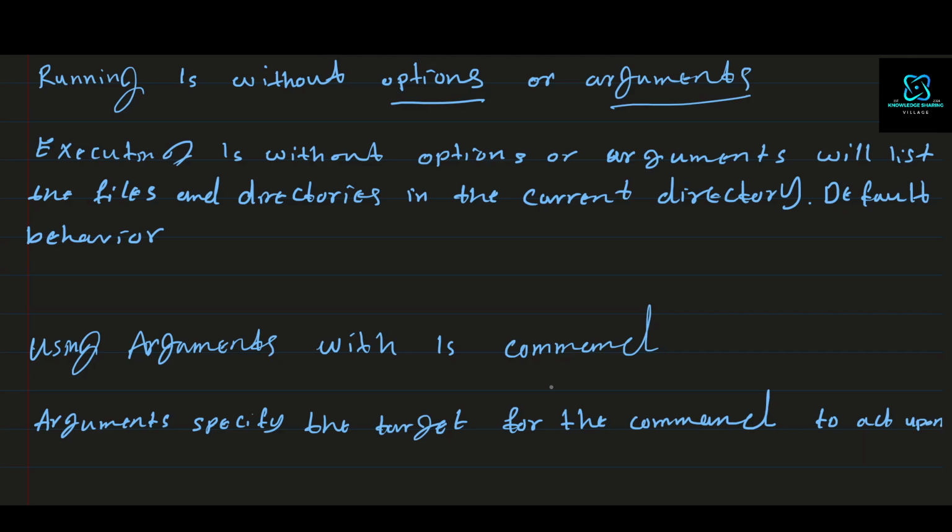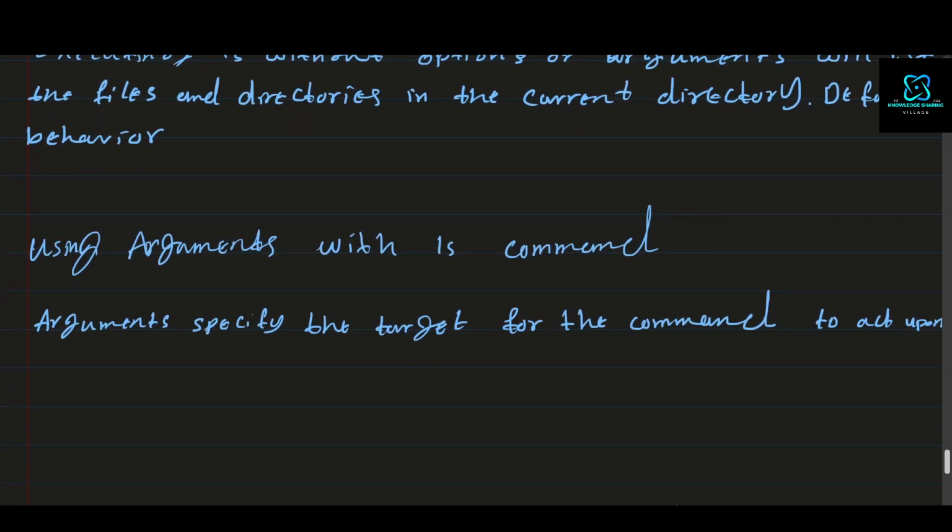As we mentioned above, we have the ls command, and the argument can be the name of a directory or the name of a file, and then it will show a different result.